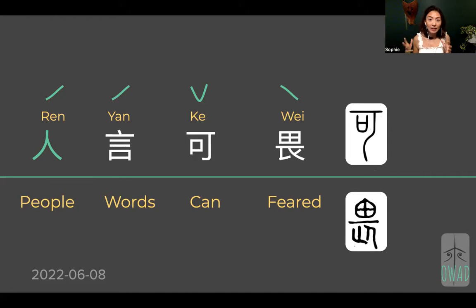People stand on it, next to it, to have communication with the god. So that's one interpretation of this.